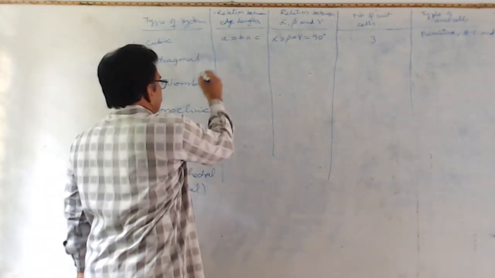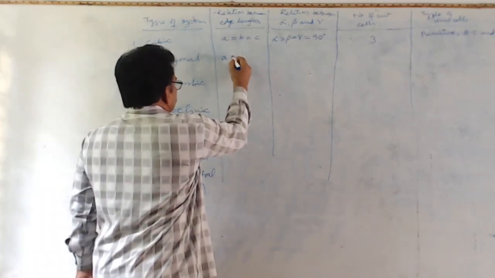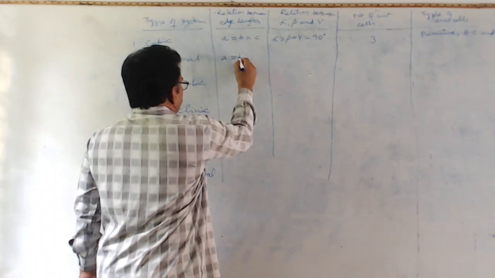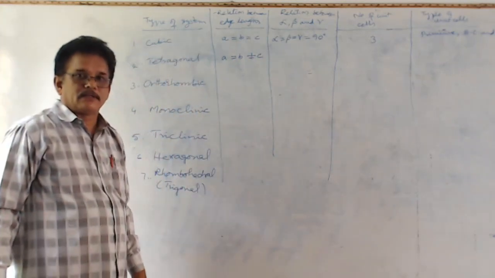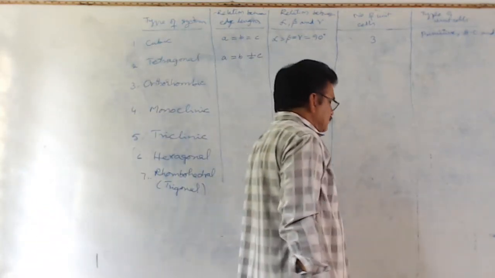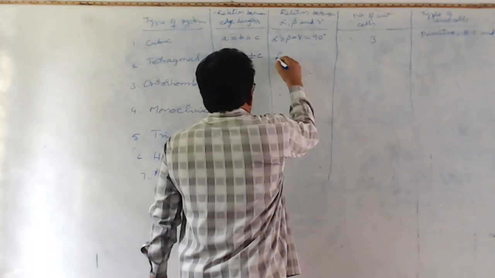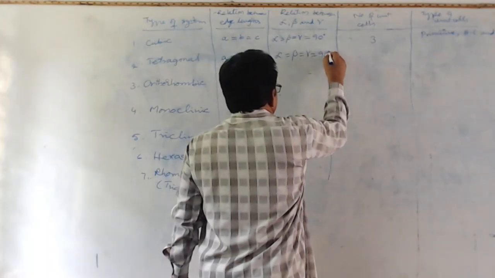Next, in the tetragonal system, A is equal to B, which is not equal to C. Two lengths are equal and another length is not equal. Next, alpha is equal to beta is equal to gamma is equal to 90 degrees.